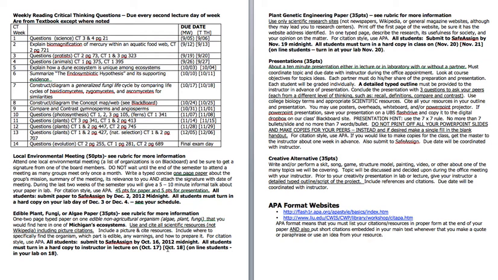If you choose to do the plant genetic engineering paper, again, that's worth 35 points, and you'll need to see your rubric for more information on how that will be graded. Please only use scientific research sites, not general magazines or wikis.